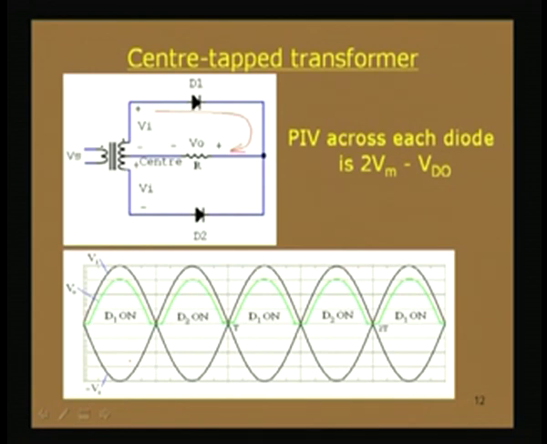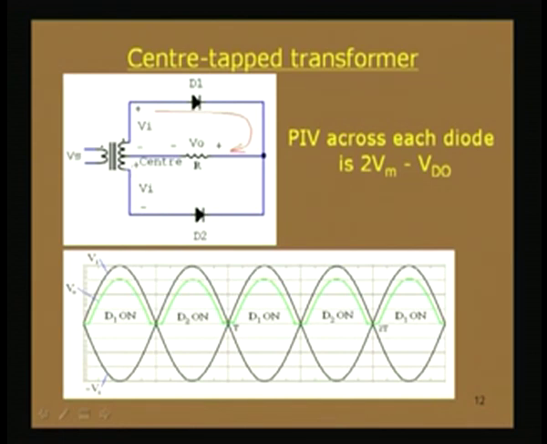So, if we consider this secondary side voltage Vs, having a peak value, say Vm, then when the upper diode D1 is conducting, the other diode is non-conducting, and the voltage across its two ends will be how much?